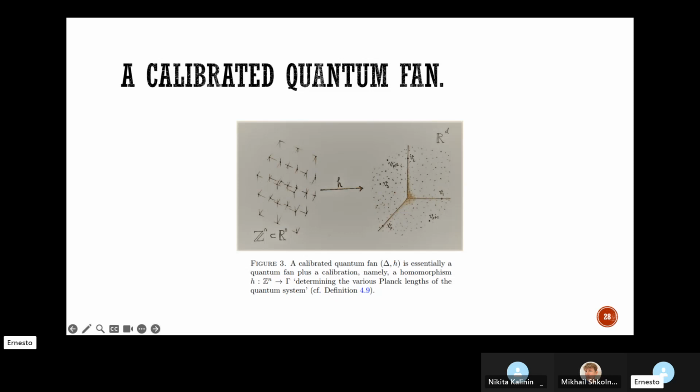So I have this higher dimensional lattice, typically n is bigger than d. I have this map H, and this dust that appears here, that typically will be dense in R^d, is called a quasi-lattice.